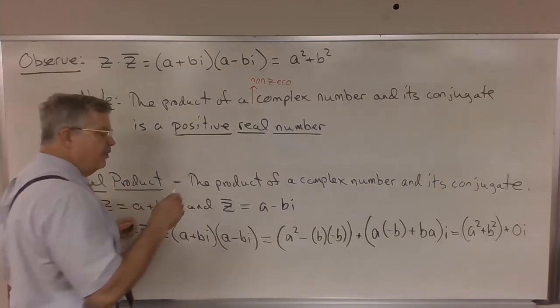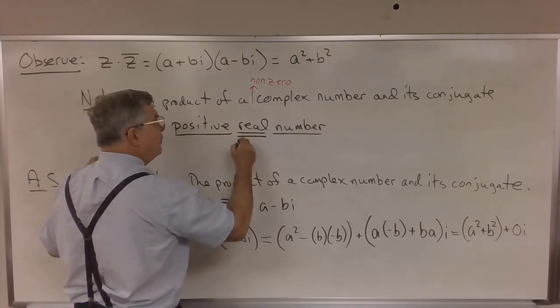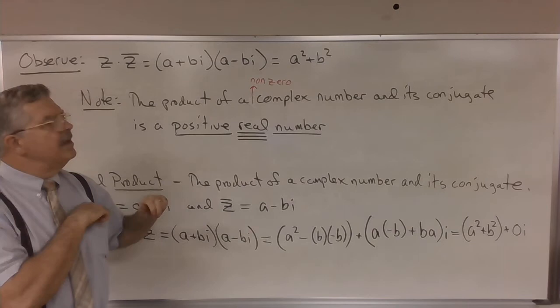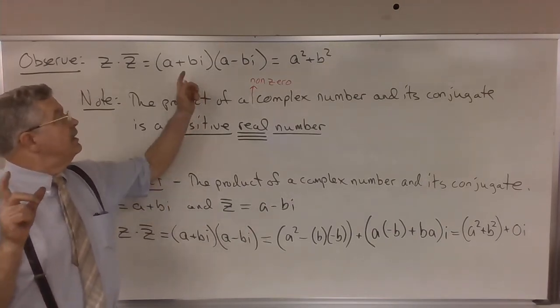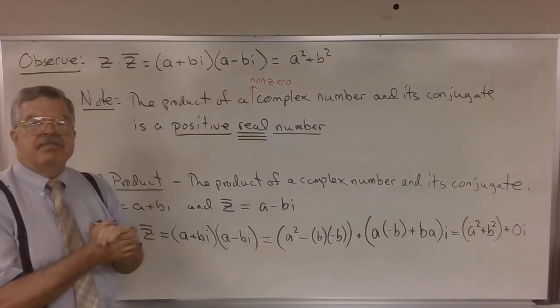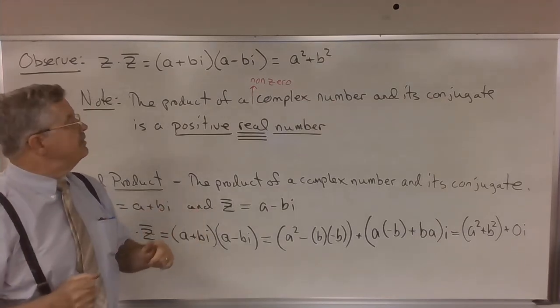And the most important part about this is not the positive part. The most important part about this is that it's real. We take a complex number times its conjugate, multiply them together, and the i's disappear.